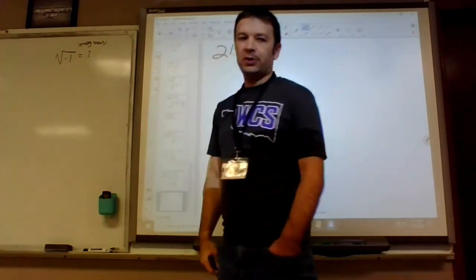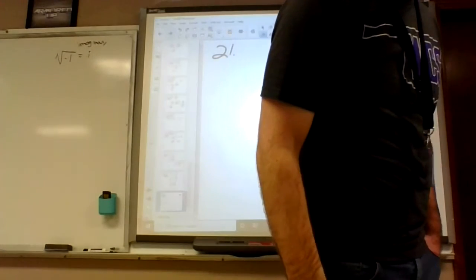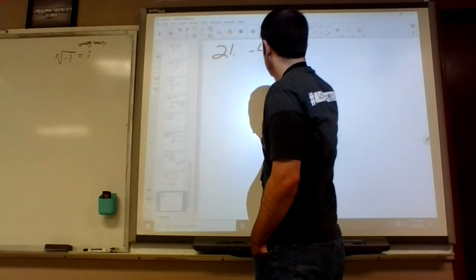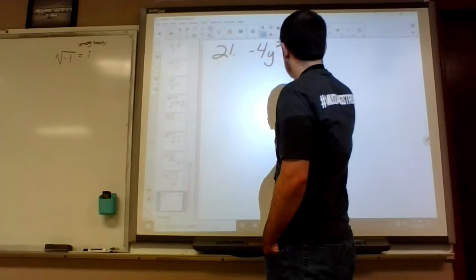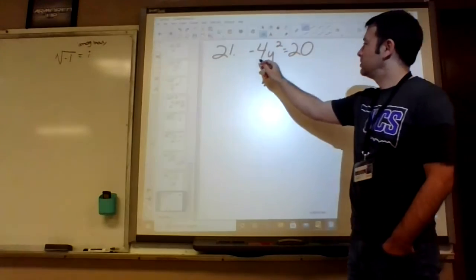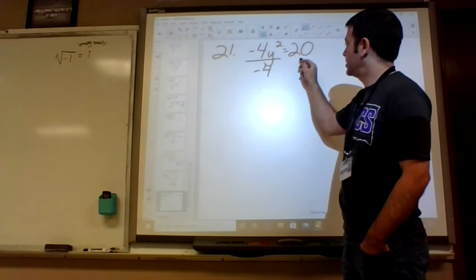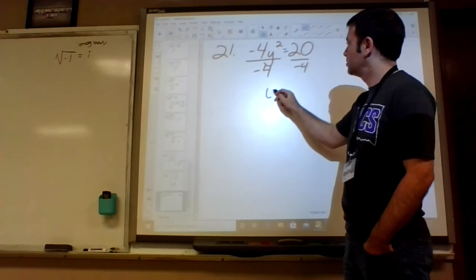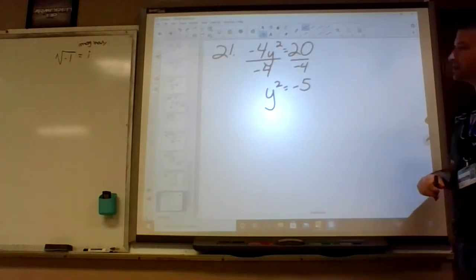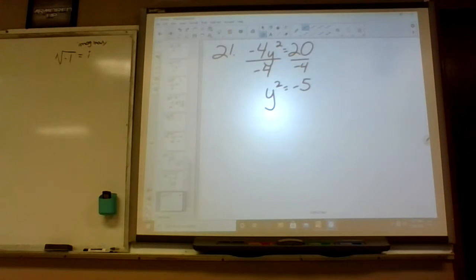Alright, 21. Negative 4y squared equals 20. Okay, how do I get y squared by itself? Divide by negative 4. y squared is negative 20 divided by negative 4, which is negative 5. Now what do I do?